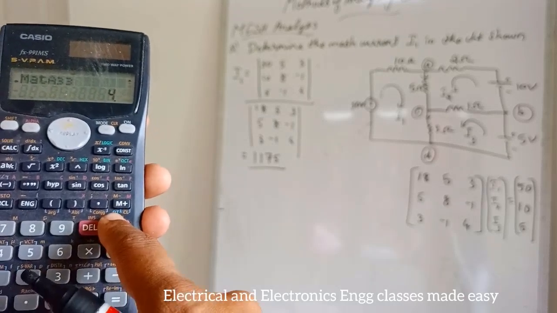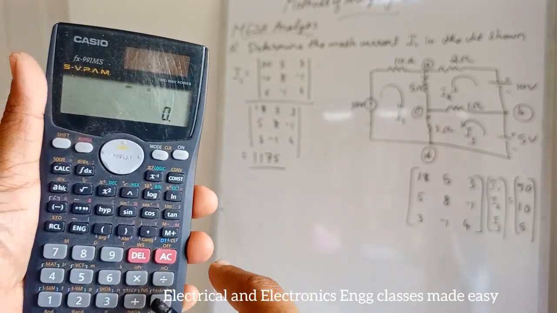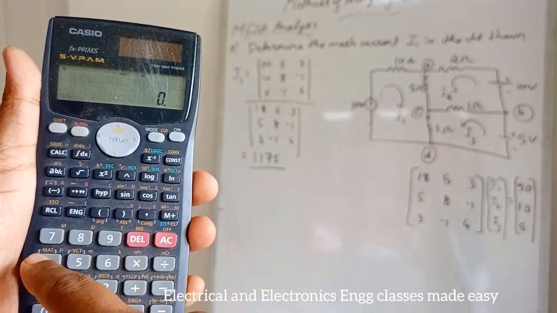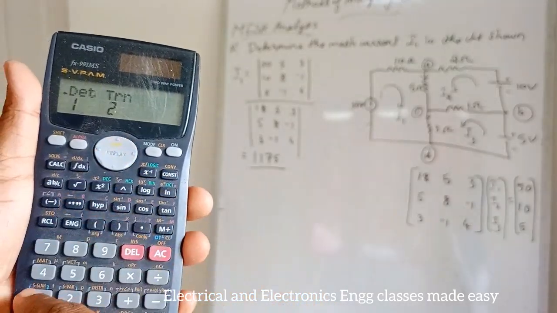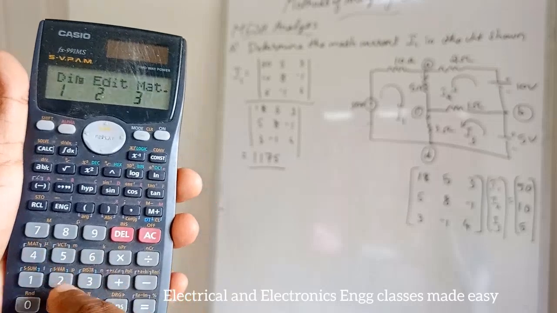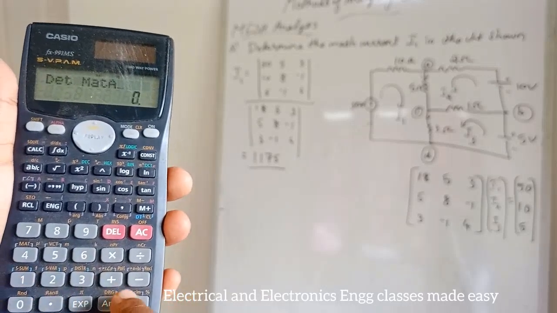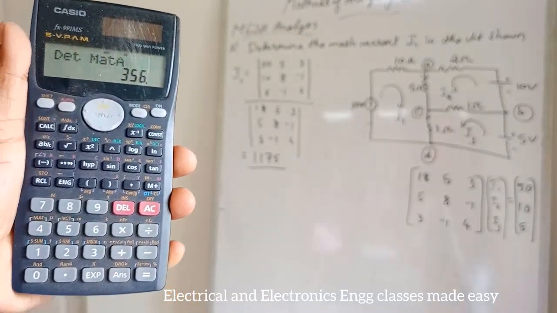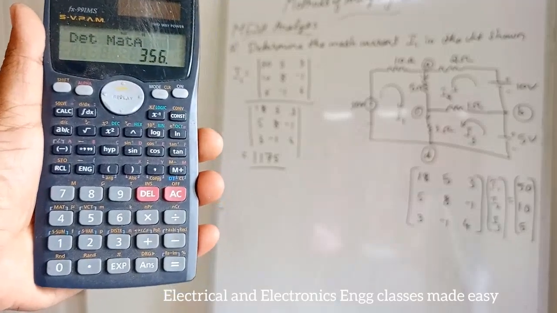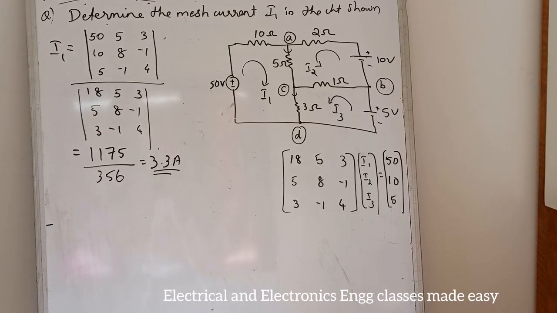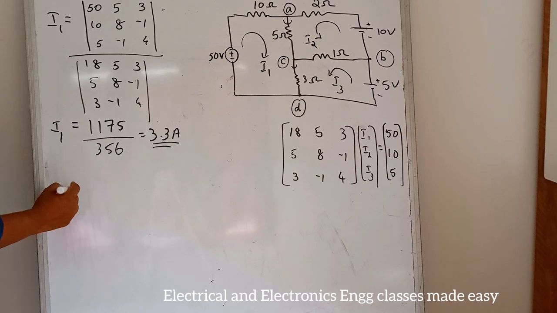Then minus 1, 4. Next press this one. Now we can find the determinant, that is determinant of shift matrix 3 A, that is 356. So here we get I1 as 3.3 ampere.